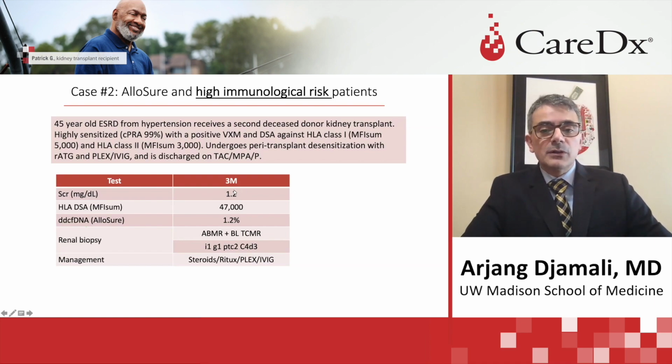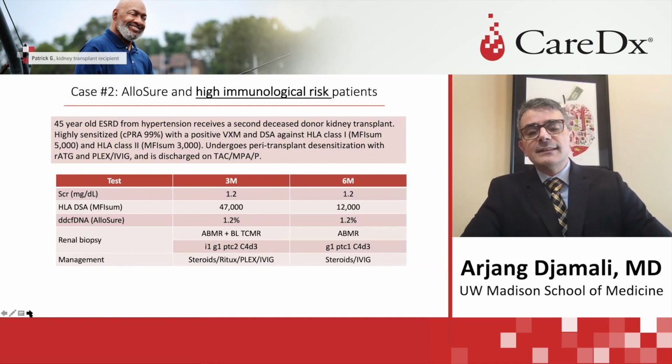Again, despite normal creatinine, in the presence of high AlloSure and antibody levels, the patient underwent intensive therapy with plasma exchange, IVIG, rituximab, and steroids.